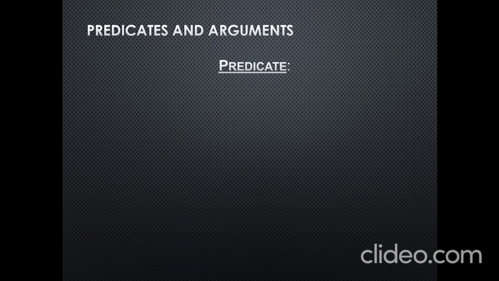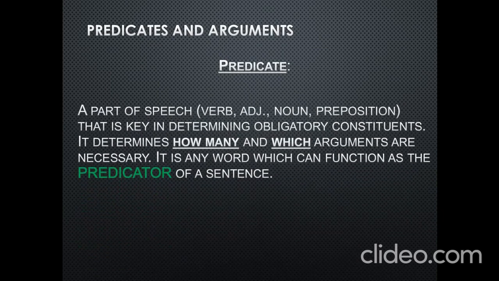Then we move to the predicate. The predicate, and as I said before, I needed you to forget a little bit about what you already know about the predicate, because what you know is that the predicate is one of the parts that make up the sentence. The head of the predicate is always a finite verb, right?